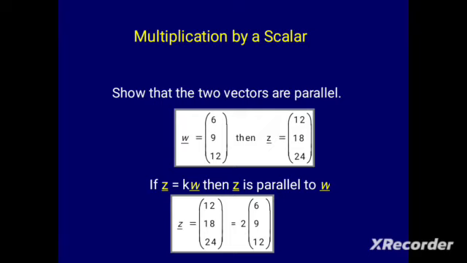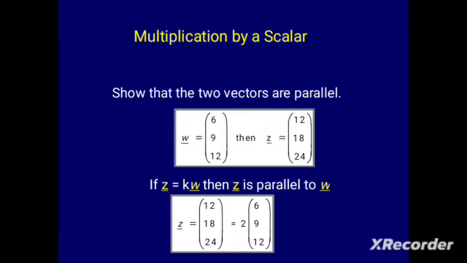Because if we have vector z equal to k vector w, for example, we have 12 is equal to 6k, then it means the constant there is going to be 2. Again, if you work out 18 is equal to 9k, then the value of k is 2. And finally, 24 is equal to 12k, then the value of k is 2.